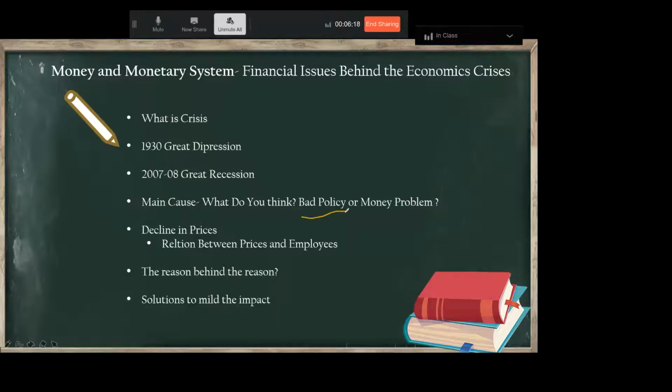So bad policies trigger the decline in price, which can cause depression in a specific sector.